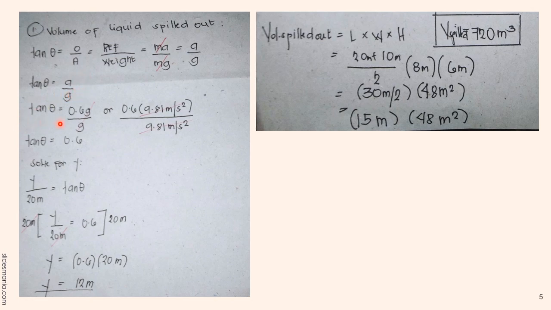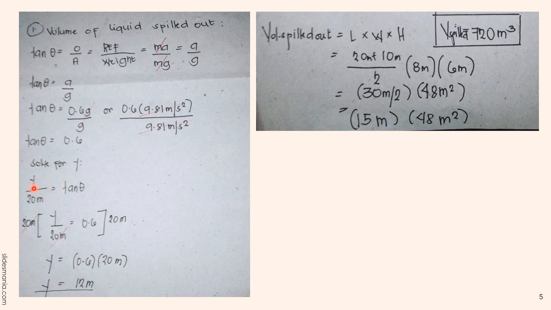Tan theta is equal to 0.6 g over g. Then cancel out the g from the upper and lower part, so we have tan theta as 0.6. Next is for us to solve for y.